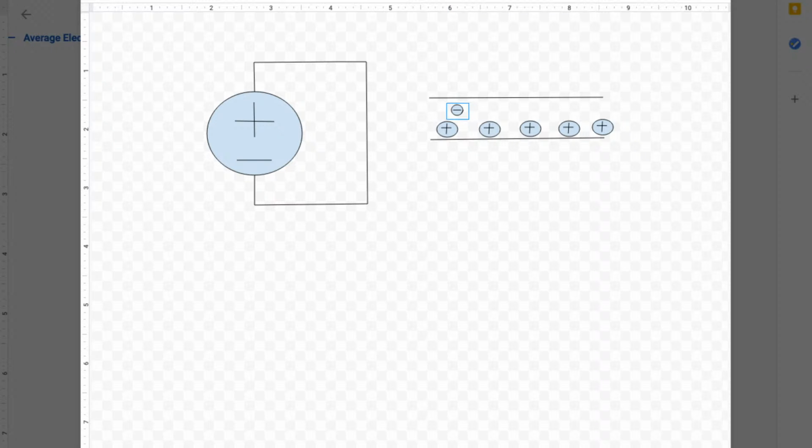All right, so now we got our negative. And for the sake of this, our one electron has one orbiting negative electron. I think that's what it is.